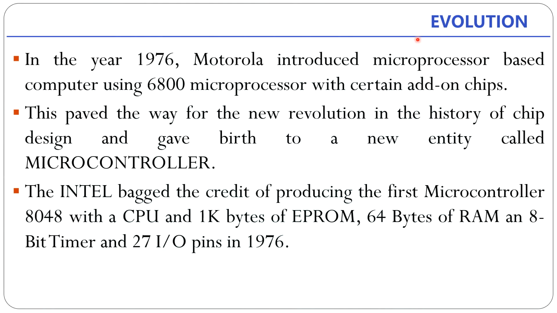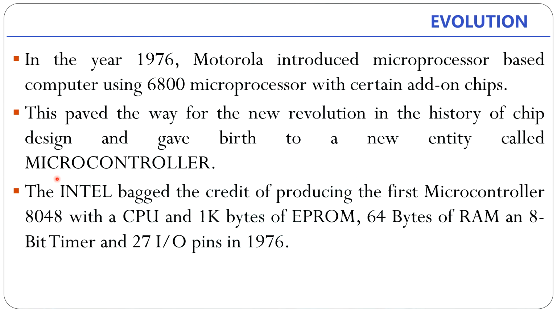Now we come to evolution. In the year 1976, Motorola introduced a microprocessor-based computer using the 6800 microprocessor with certain add-on chips. This paved the way for a new revolution in the history of chip design and gave birth to a new entity called the microcontroller.